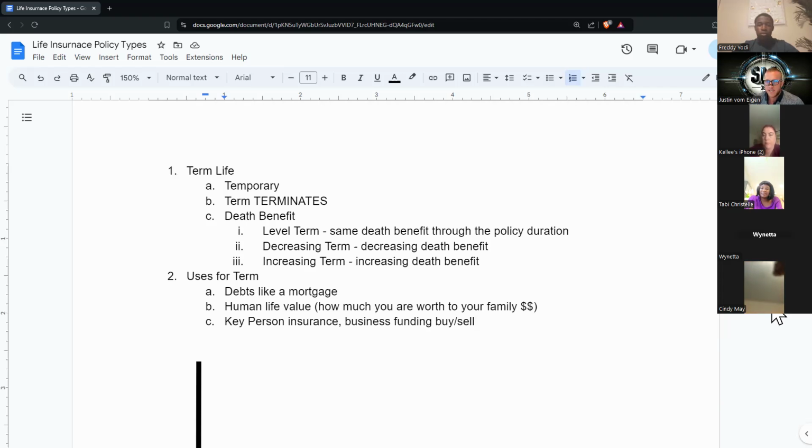So if Tabby passed away, I would be in a situation where her job wouldn't be performed. So I'd lose money from that. And I'd have to find a way to recruit, hire, and train someone like Tabby. So there's a cost to that. And then there's a cost to the lost revenue from Tabby's absence. So key person insurance is essentially, I'd get life insurance on Tabby so that if she passed, I wouldn't lose any money from her dying, right?